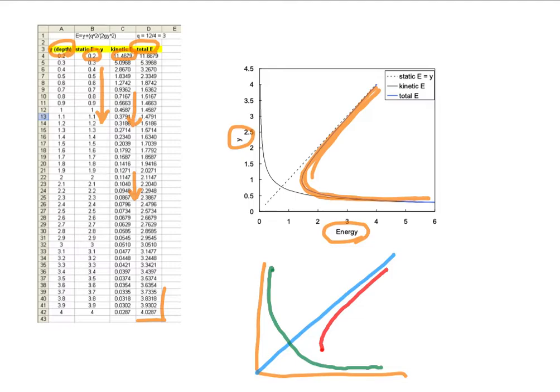It must lie between these two lines. We have the static energy here and the kinetic energy there, so the total energy must stay in this region. You must draw like this to get the full mark. Okay, so this is the idea of how to draw the total energy diagram.